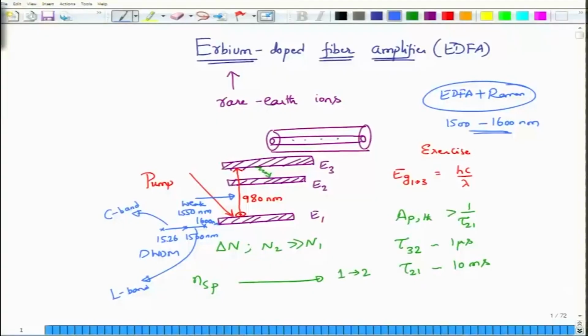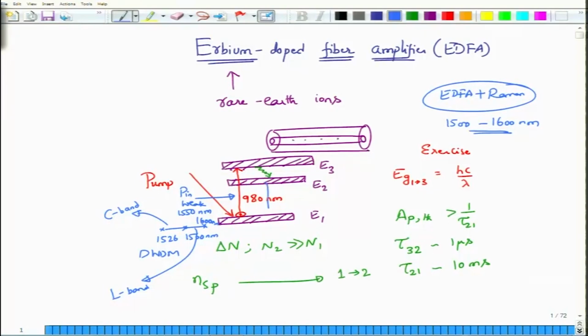Anyway, the erbium doped fiber amplifier itself has a gain cross section that goes roughly from 1526 to 1560. These numbers can slightly change depending on various factors, but this is the range over which you are supplying the weak optical signals here. And what will these weak optical signals do when you launch them with a certain launch power of P in?